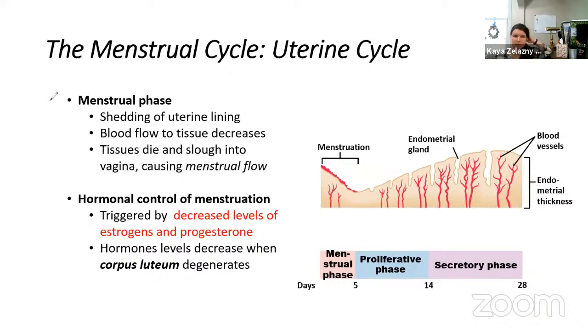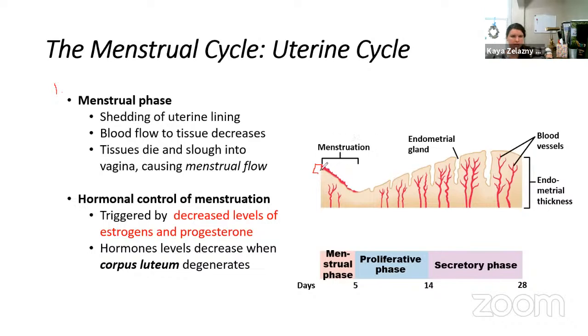During the first part of the uterine cycle, remember that the first day of menstruation is the beginning of our ovarian cycle. It's also the first day of our uterine cycle. What's happening in the menstrual phase is that parts of the endometrium start to shed off. It's not the whole endometrium, some of it stays, but the innermost layers, touching the cavity inside the uterus, start to shed off.